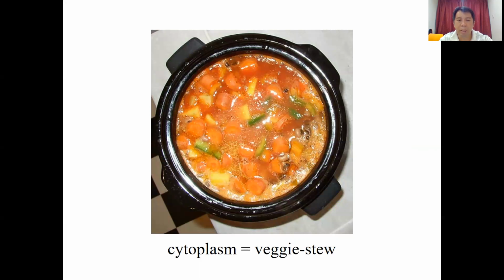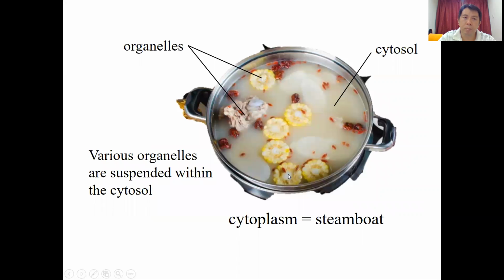Or in another way, we can see the cytoplasm as a veggie stew, in which the soup is the cytosol and the vegetables or ingredients are what we call the organelles. When the soup and the veggies and the meatballs and so on together form the stew, it is a cytoplasm.